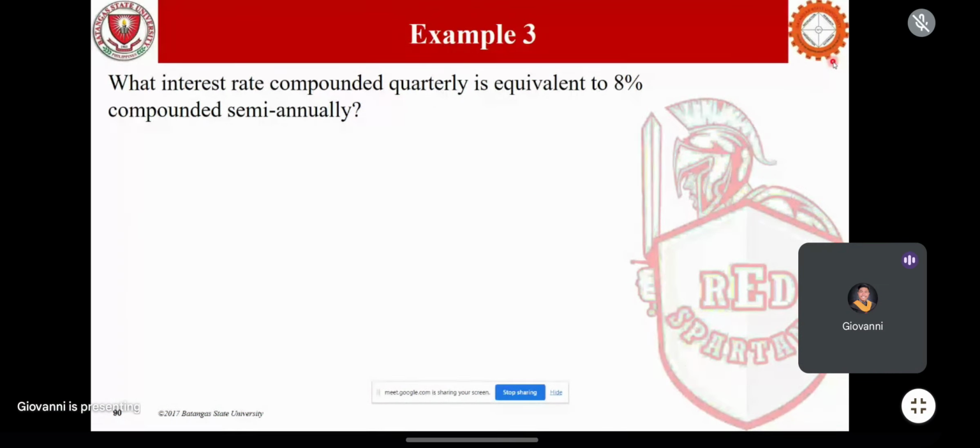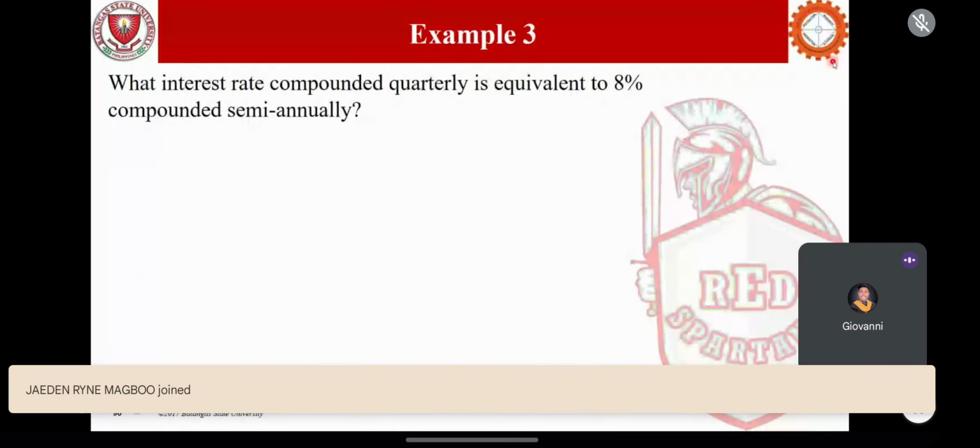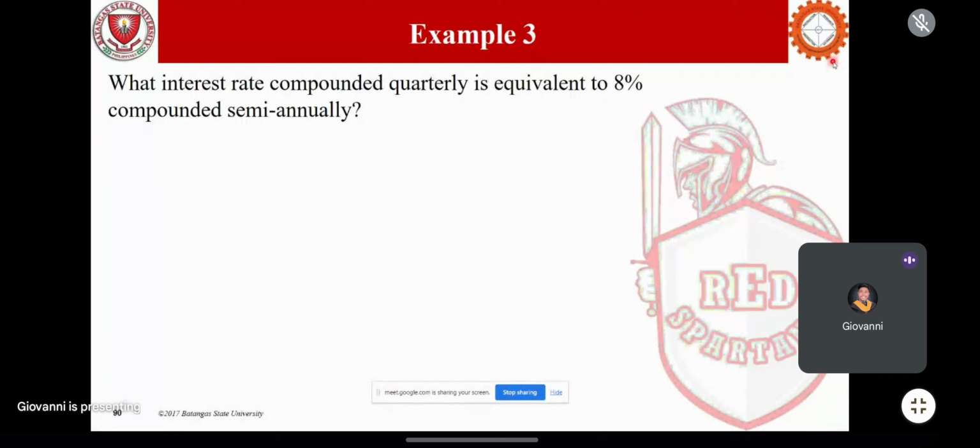Okay. Pero ang ginawa mo lang dyan, you just divide, kinuha natin yung panibagong value ng ating i. Pero ang tinatanong dyan, ano yung katumbas na percentage of interest ni 8% semi-annually in terms of quarterly? Tignan na natin.